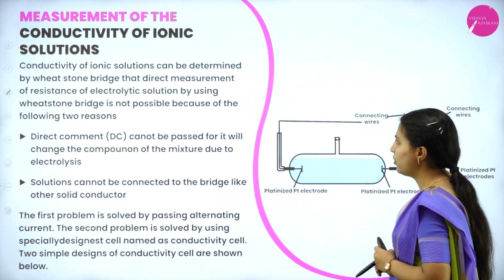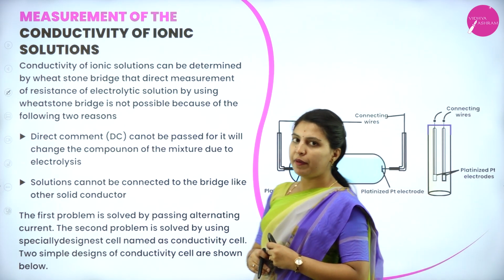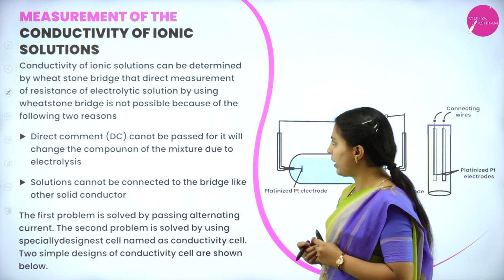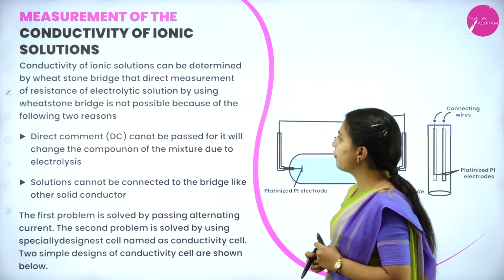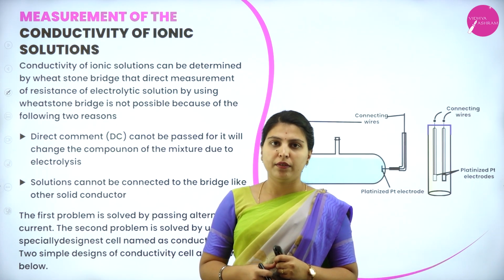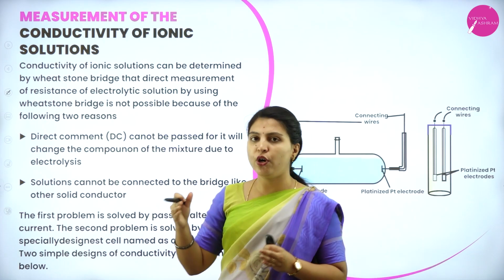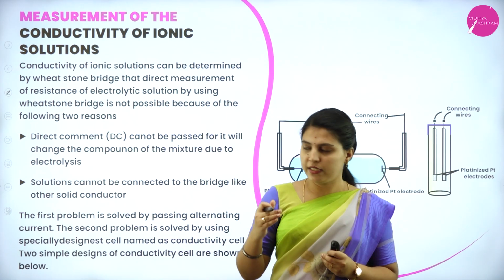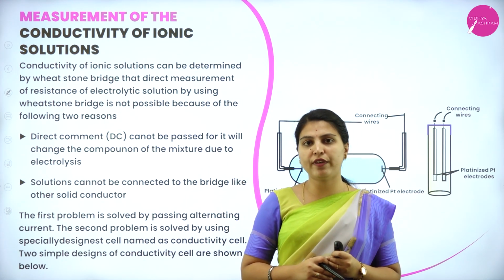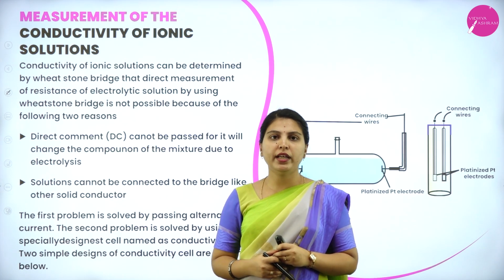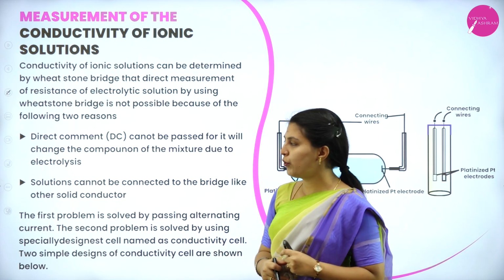Next, measurement of the conductivity of ionic solutions. Conductivity of ionic solutions can be determined by Wheatstone bridge. The direct measurement of resistance of an electrolytic solution by using Wheatstone bridge is not possible because of two reasons.